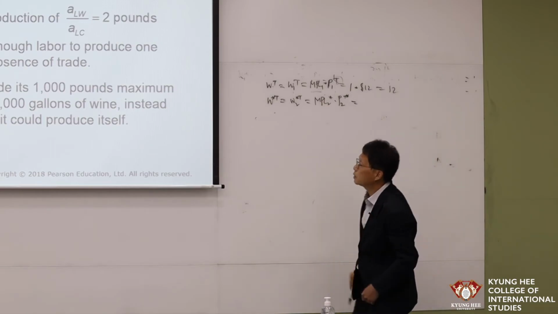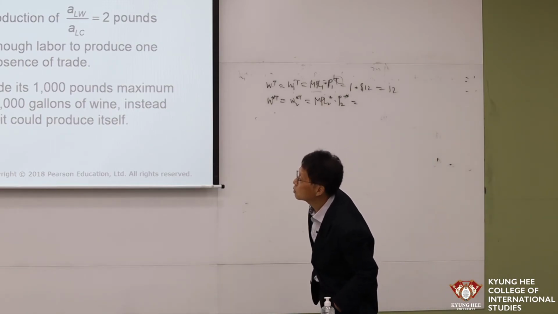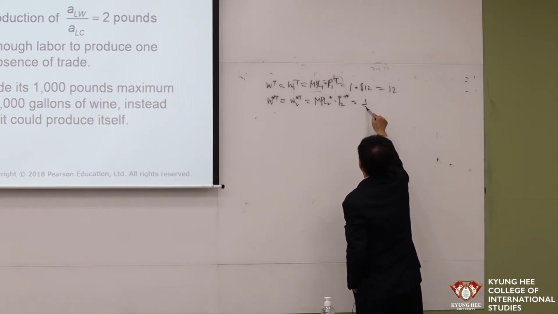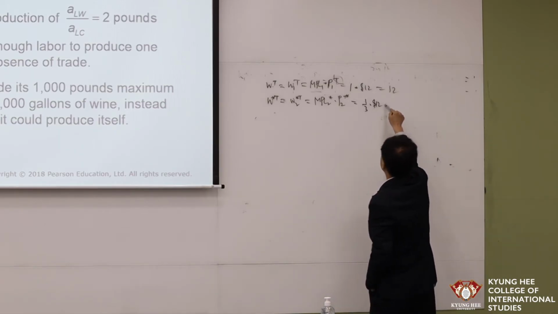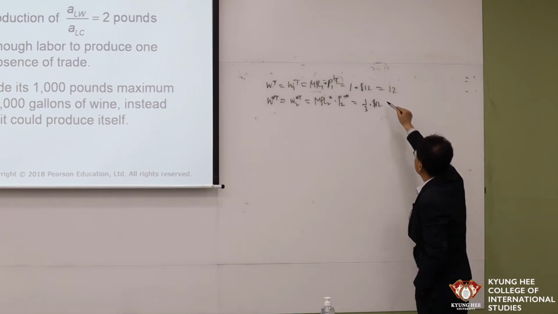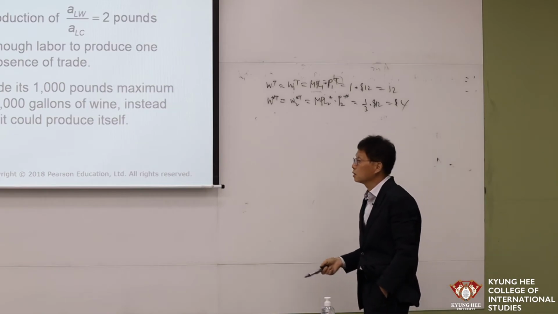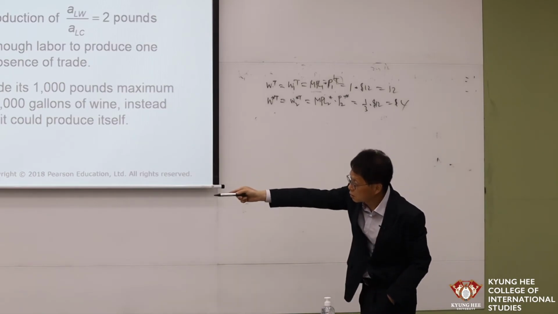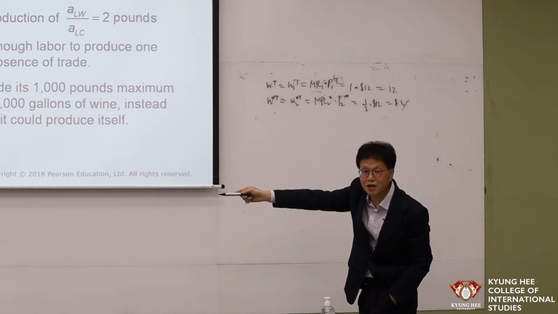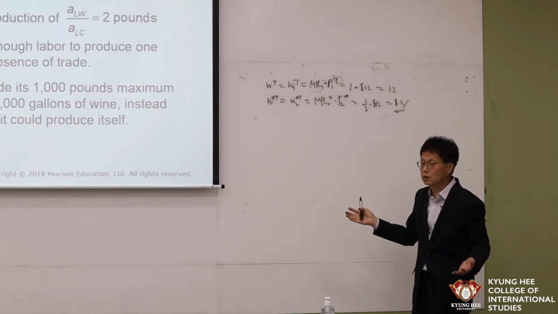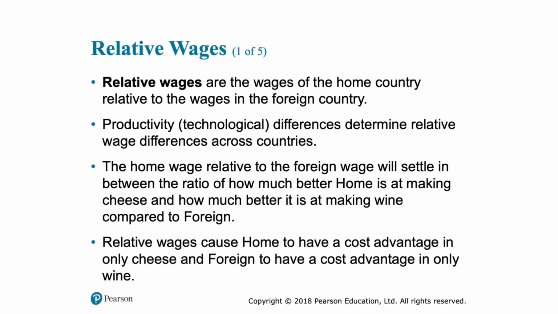What is MPL2 star? We already calculated it: a third. And P2 star, we assume $12, right? Then $4. The wage rate in foreign increased after trade. The autarky wage rate was $3, right? But after trade it increased to $4. The wage rate increased.